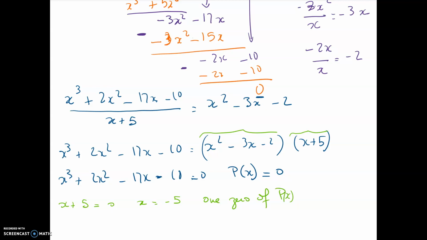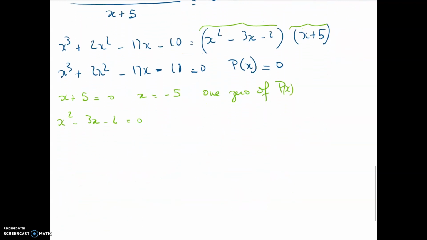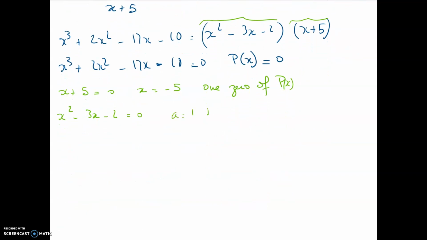And to find the other 0s, I could do x squared minus 3x minus 2 equals 0, using my quadratic formula with a equal 1, b equal negative 3, and c equal negative 2.